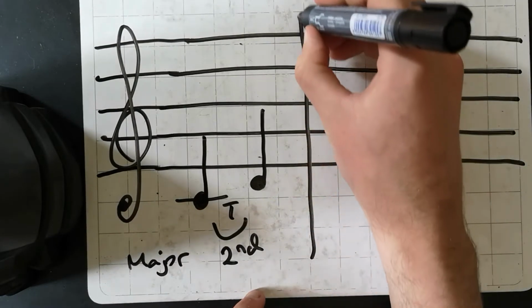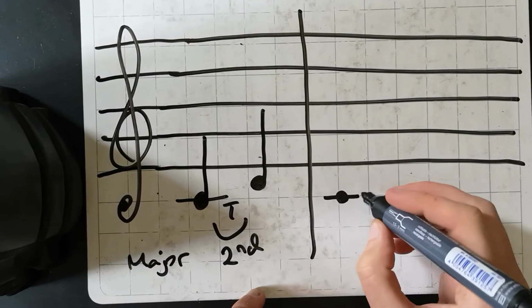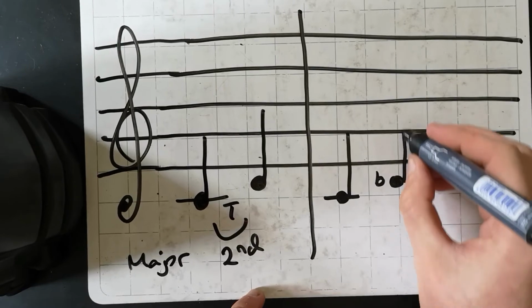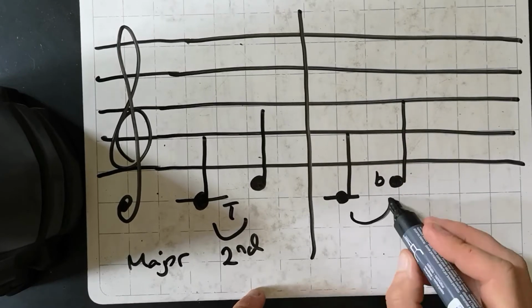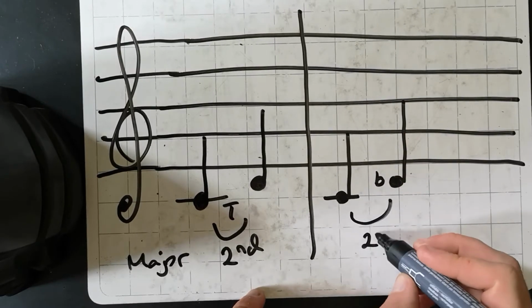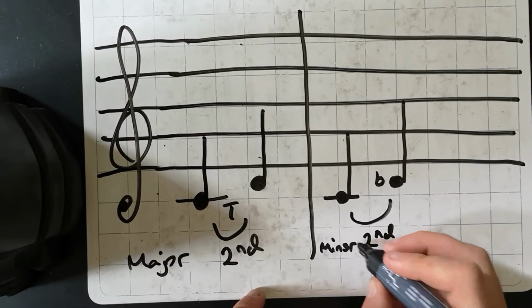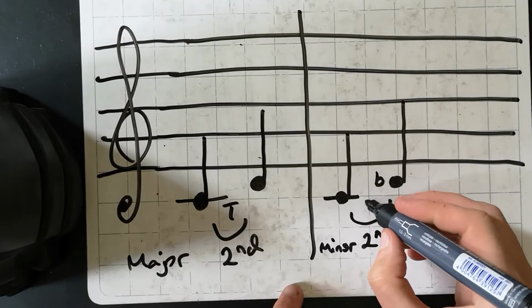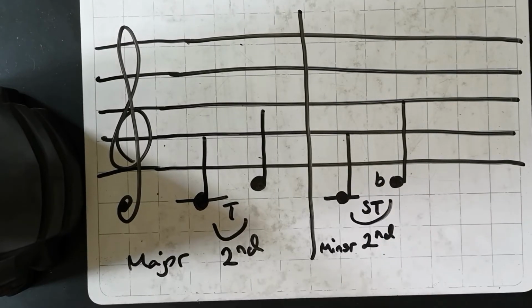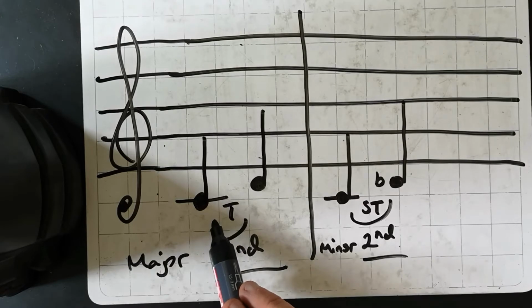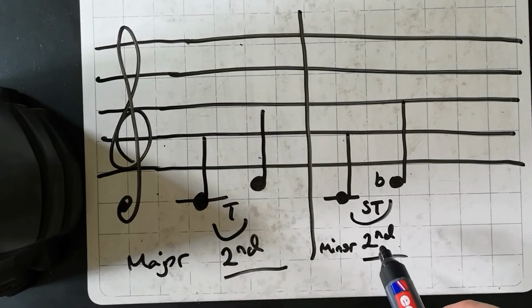If I was to do the distance between C and D flat, it's still a second because they're not on the same line, but it is a minor second because the distance between the 2 is a semitone. So for the example of a second only, if it's a distance of a tone, it's a major second. If it's a distance of a semitone, it's a minor second.